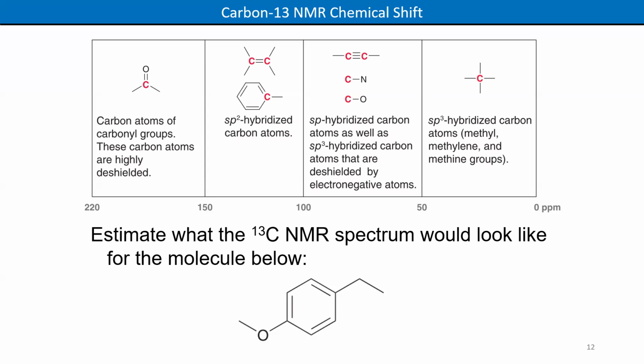So remember from IR, we couldn't really tell the difference between all of our carbonyls. We could tell we had a carbonyl, but we couldn't tell anything beyond that. This gives us a little bit more. We can tell an aldehyde and a ketone apart from a carboxylic acid or an ester.